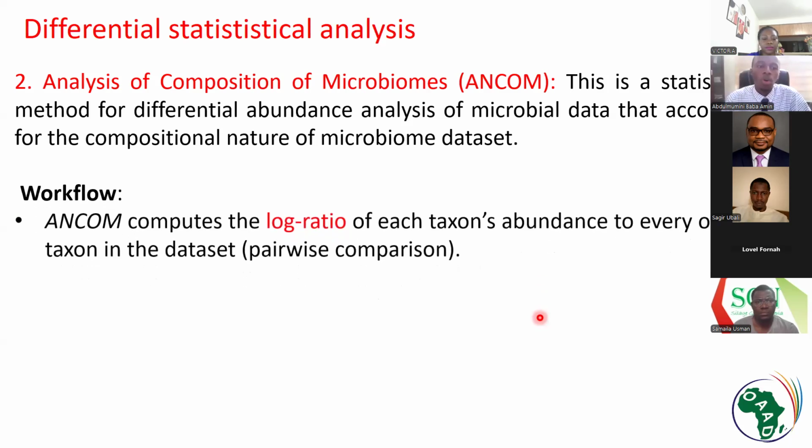The workflow includes computation of the log ratio of each taxon's abundance to every other taxon in the dataset. So apart from the relative abundance, it will compute the log ratio and compare it to that of every other taxon in the dataset.